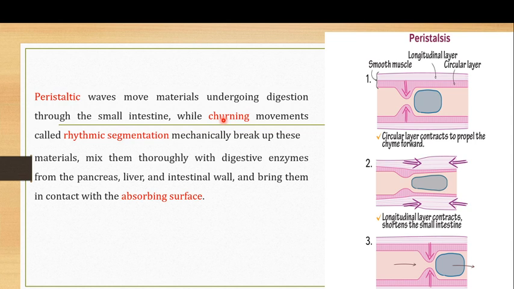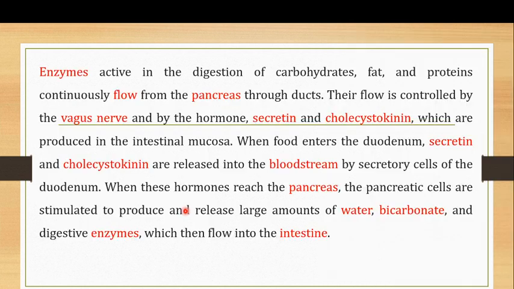These enzymes are thoroughly mixed with the food so that each and every food particle comes in contact with the enzymes and gets digested. When they get digested, they then come in contact with the absorbing surfaces to be absorbed in the body for use in the normal physiological functions of the body.